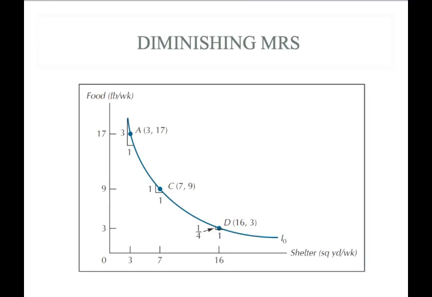Whereas if we're at different quantities, say up at the top, we'd be willing to give up 3 units of food just to get that 1 unit of shelter. In all those cases, we're still at an indifferent level of utility. Any of those combinations make us equally happy.